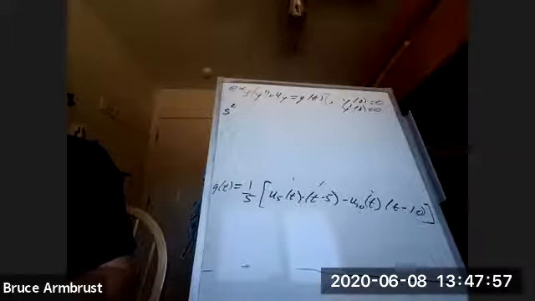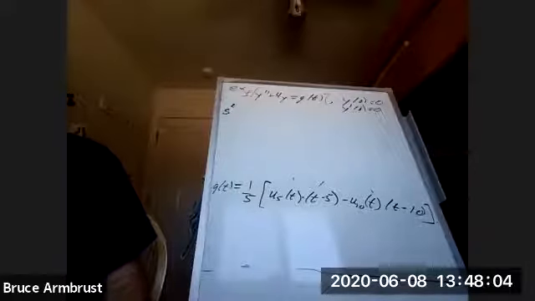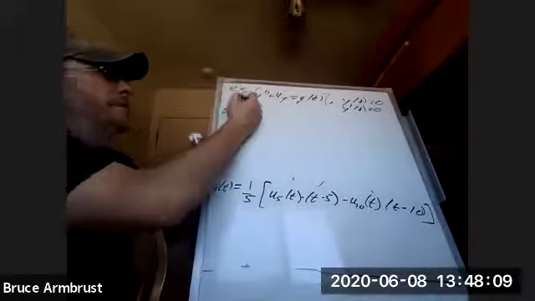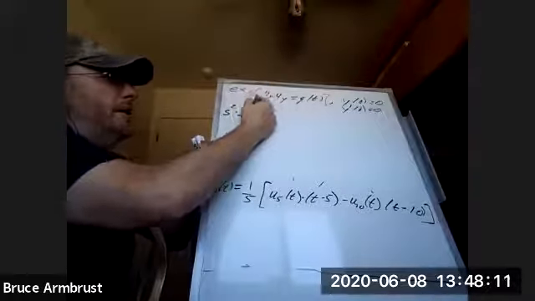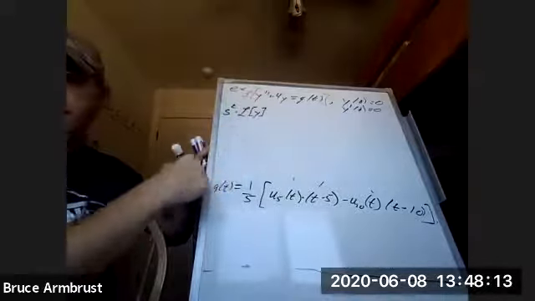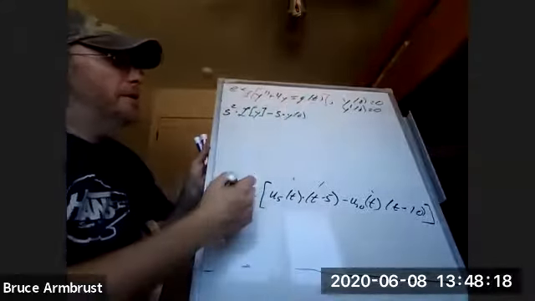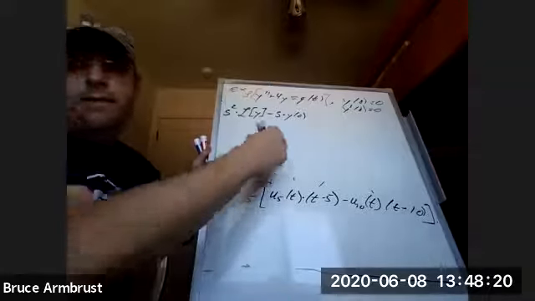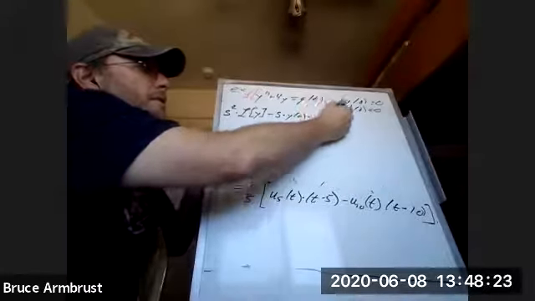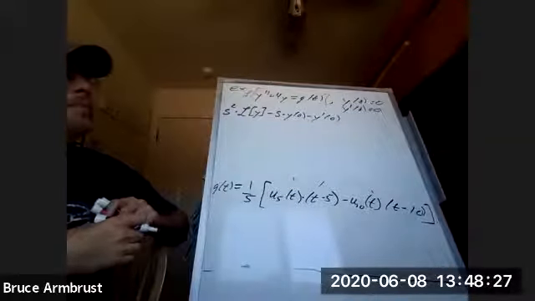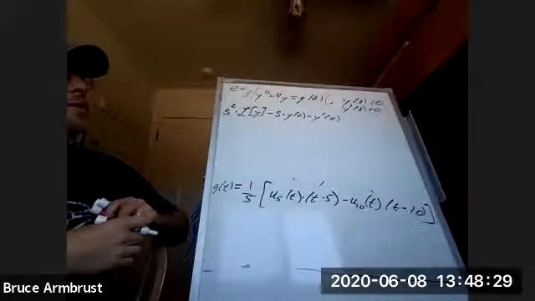I don't know if it's on the one that Thea posted in your board. But for the derivative, it's going to be s squared times the Laplace transform of y, minus s times y of 0, minus y prime of 0.